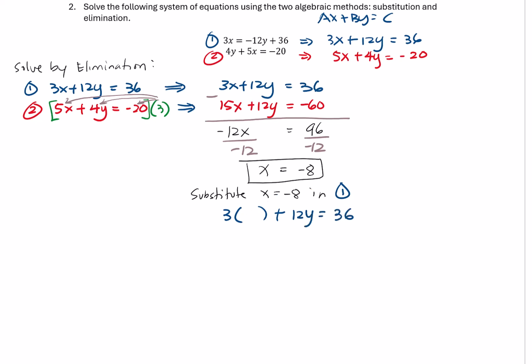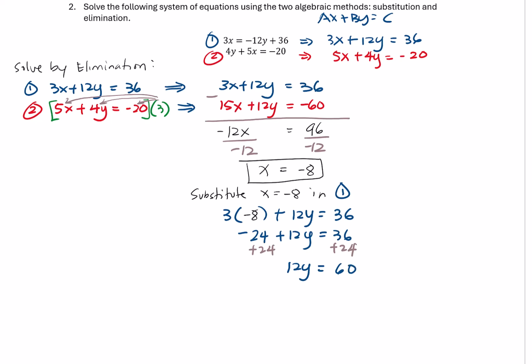Our x is negative 8. Then we multiply 3 and negative 8, which is negative 24, plus 12y equals 36. Let's add 24 on each side of the equation. 12y equals 60.